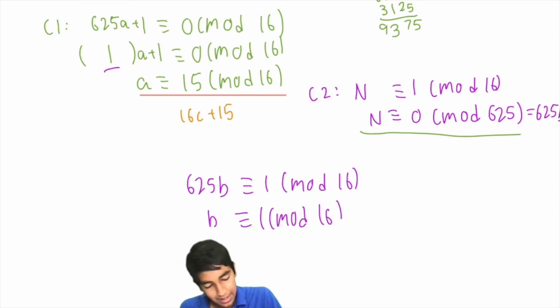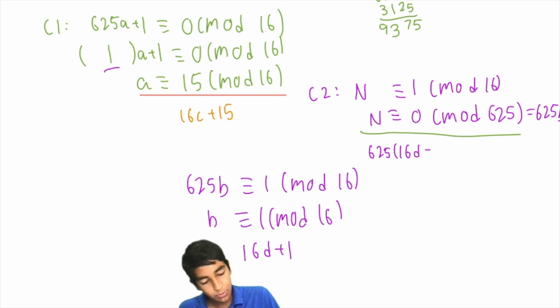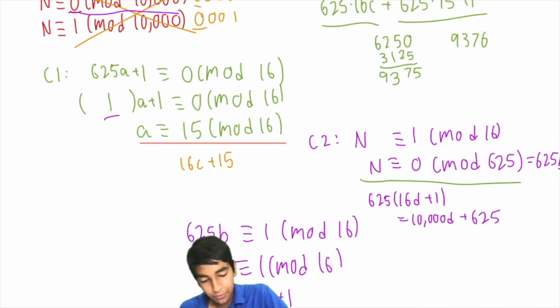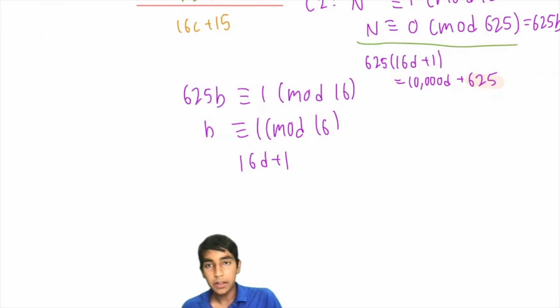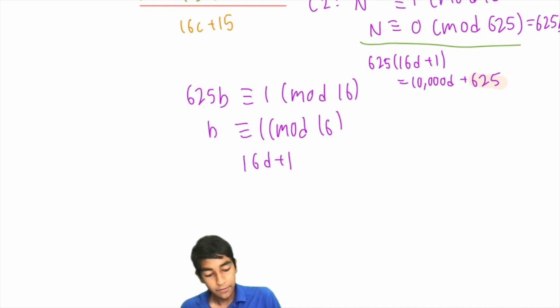We plug that in. 625 times, let's say some d this time. So let's say 16d plus 1. 625 times 16d plus 1 is 10,000d plus 625. So in case 1, the last 4 digits are 9376. In case 2, the last 4 digits are simply 625 with a 0 in front.